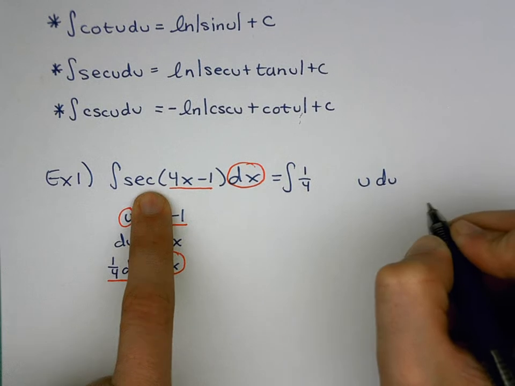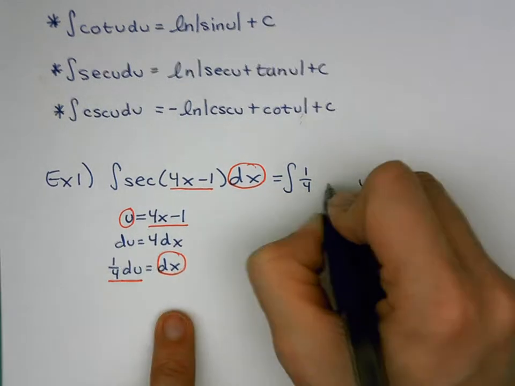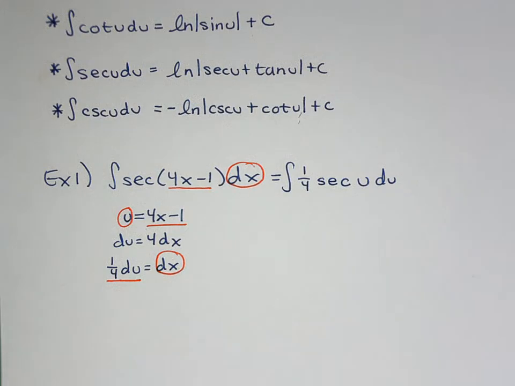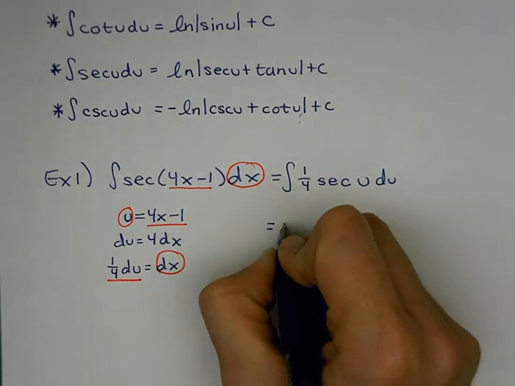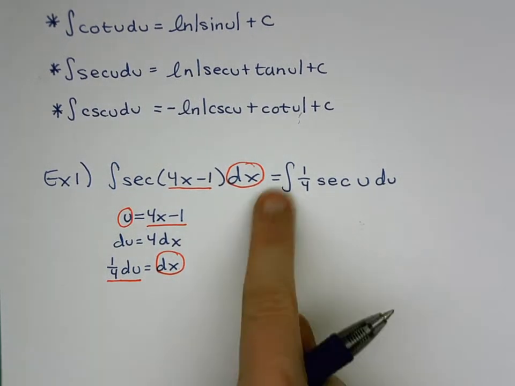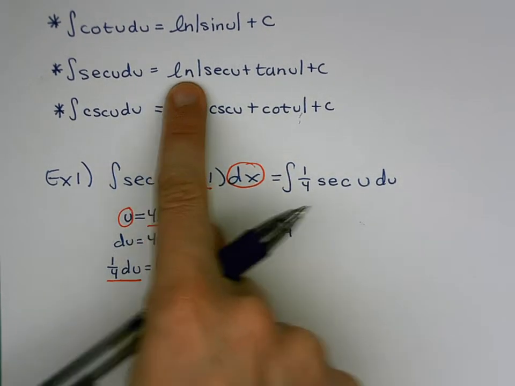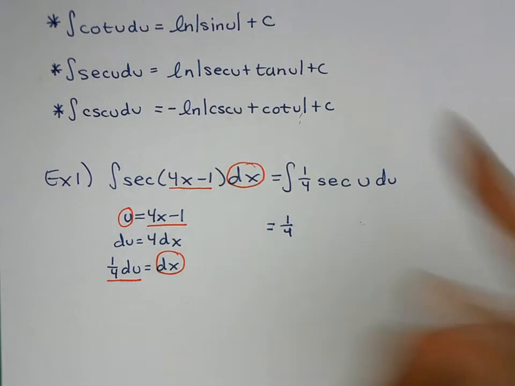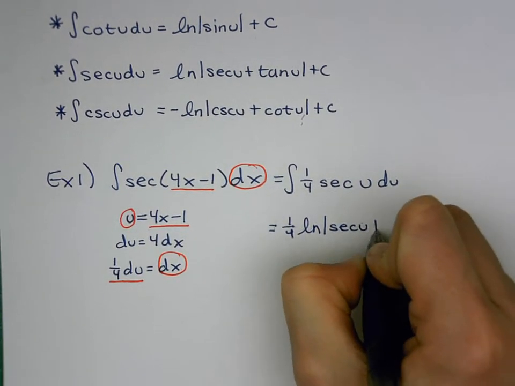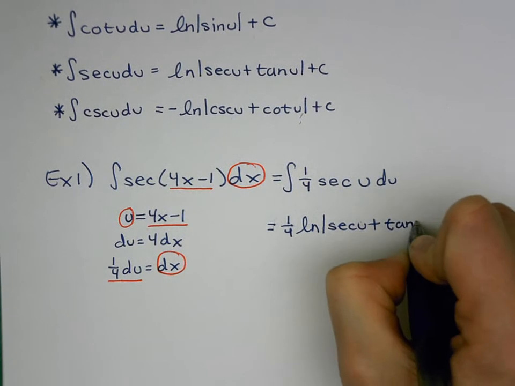Now that secant was not used anywhere in my u or my du, so it's going to stay: u, secant u. And that's a rule that I know. The integral of secant u, with the 1/4 coefficient, is the natural log of the absolute value of secant u plus tangent u.